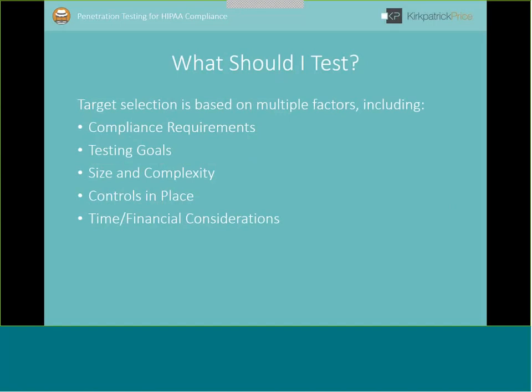So when I talk about these points here, I'm not going to speak specifically to each of them. I'll talk about the first two separately, and then the last three together. But initially, the compliance requirements, as I mentioned before, HIPAA doesn't explicitly state that penetration testing must be performed.